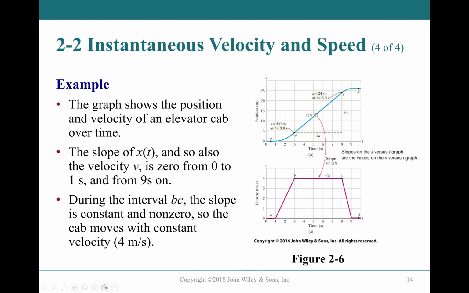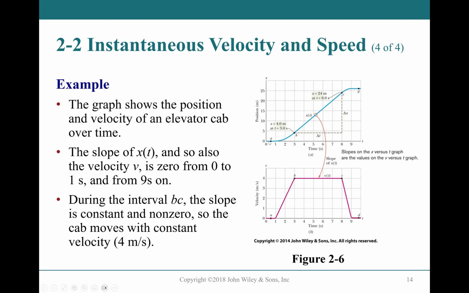So you have this graph here. The slope of x(t) gives the velocity v. This is the position as a function of time, and you can use it to get the velocity as a function of time. How to do that?